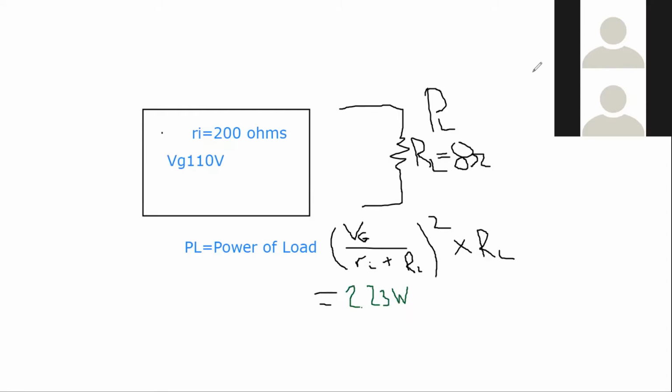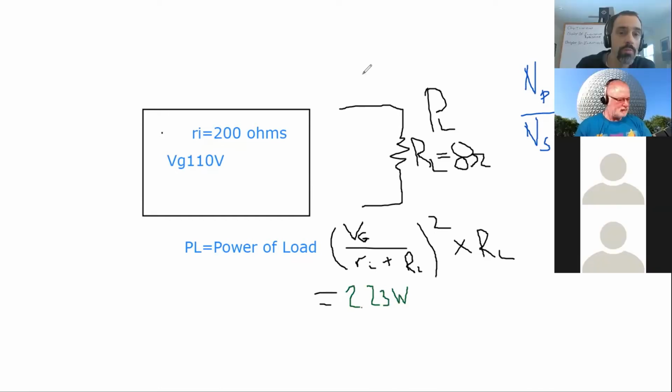Okay, NP over NS is equal to the radical. I'm going to explain this equation. This one actually refers back to the impedance transformation, ZP over ZS. So first of all, ZP and ZS are in ohms, because that's our impedance. Everybody agree with me on that? Yes.